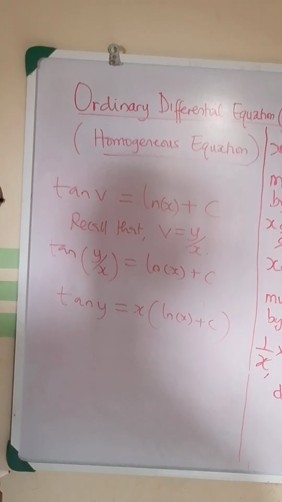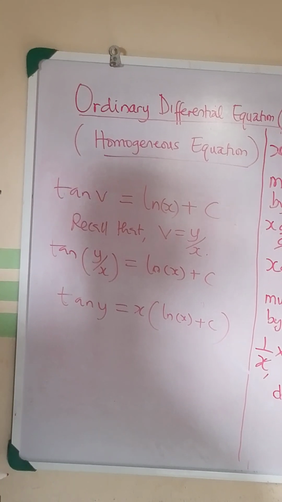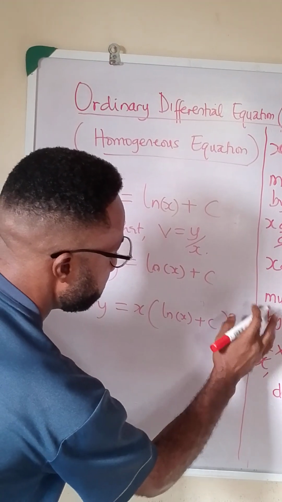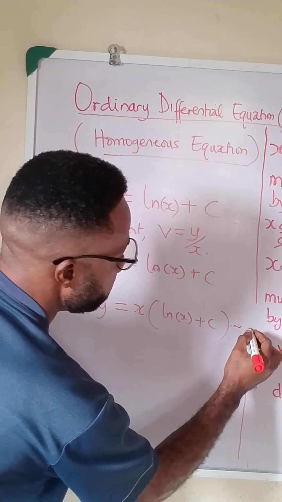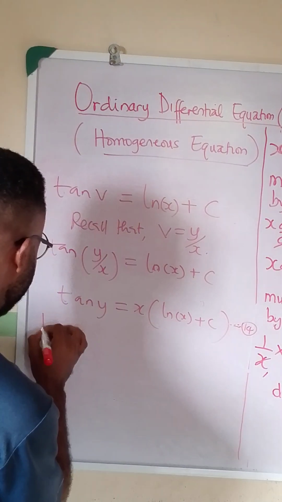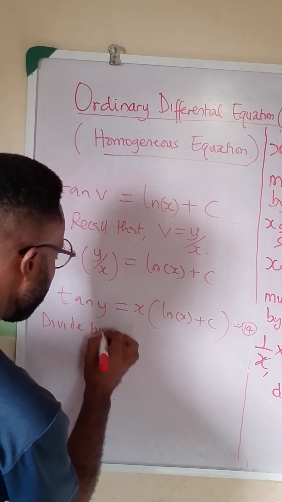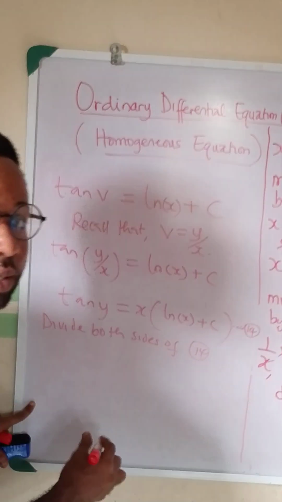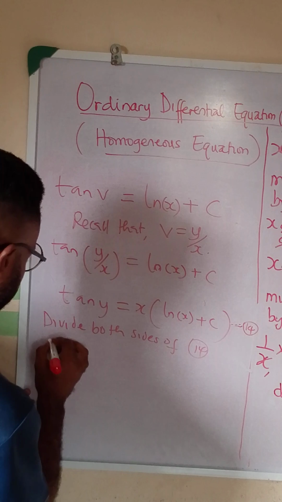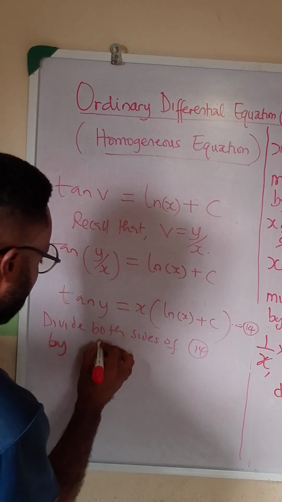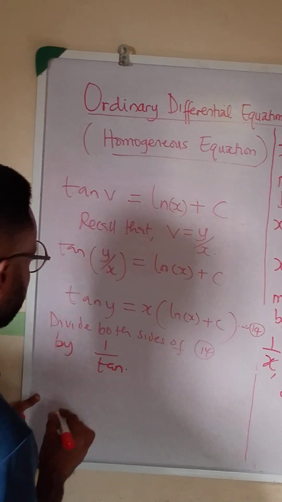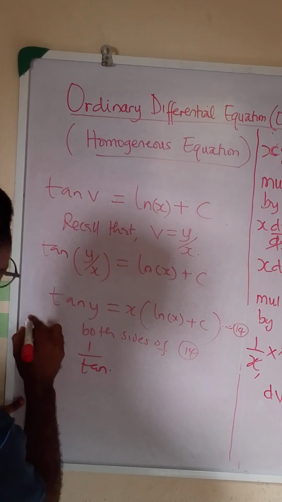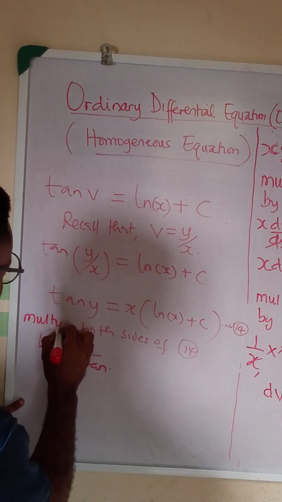And so if we are looking for y, we have to operate on both sides of this equation with 1 over tan. If I call this equation 14, I can say multiply both sides of equation 14 by 1 over tan, sorry, multiply.